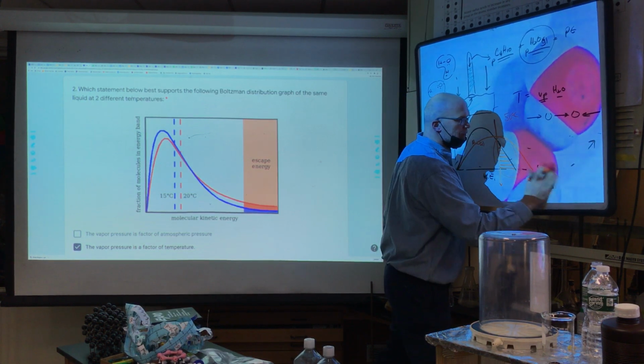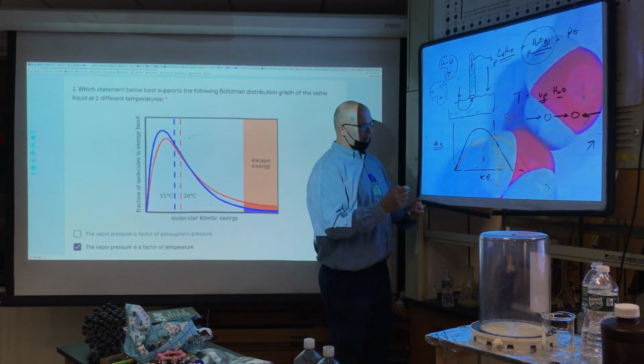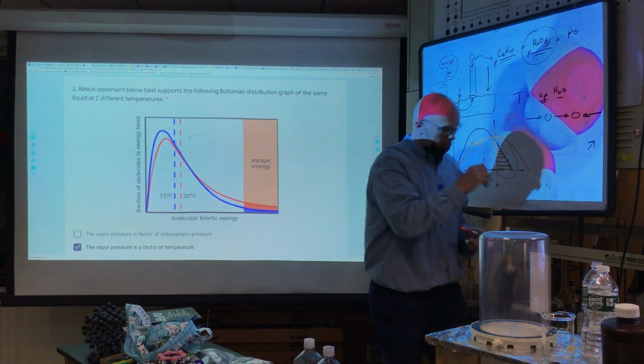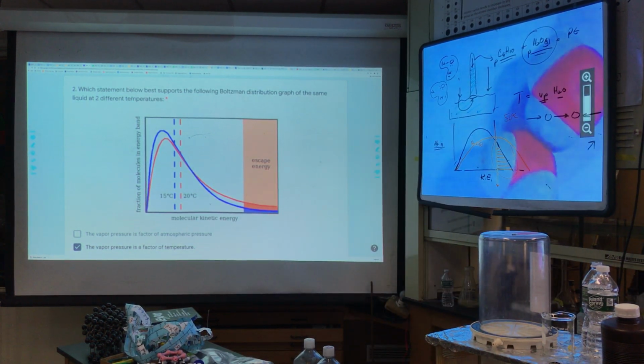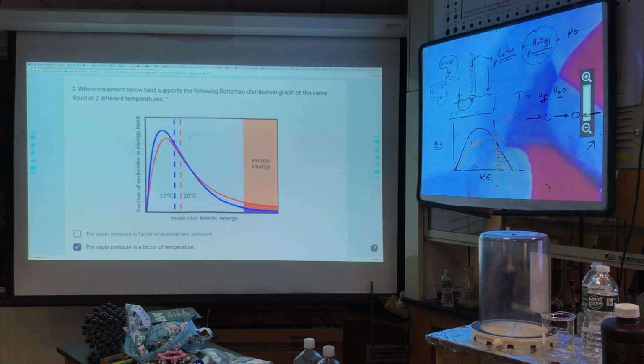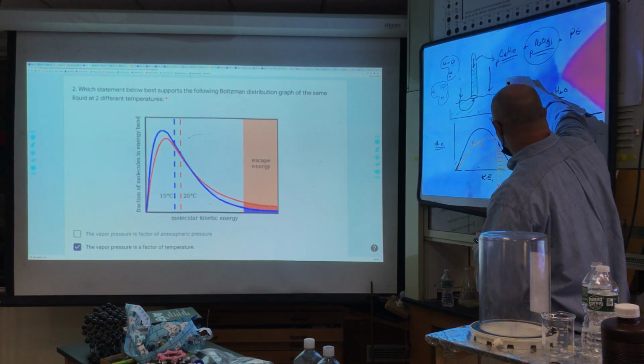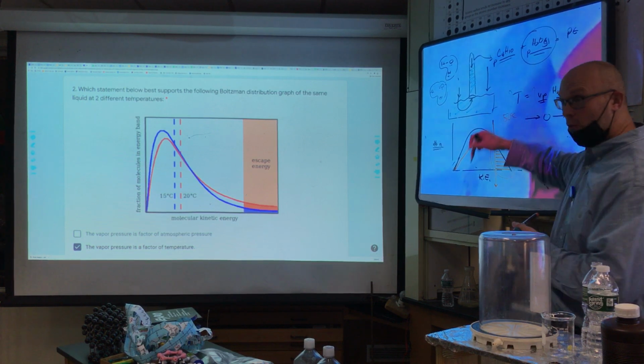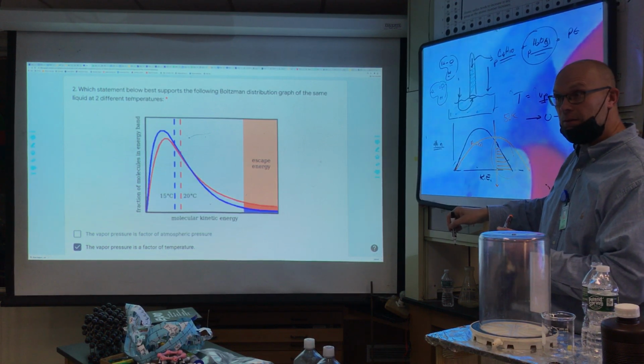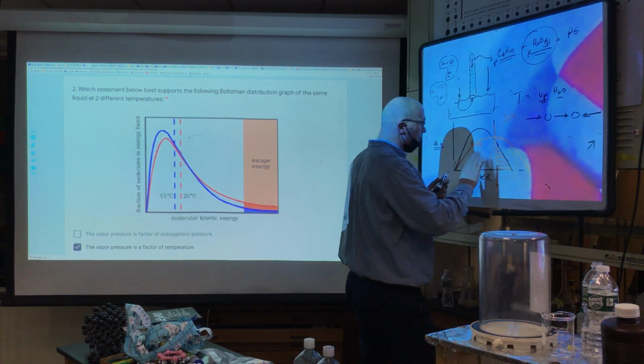So when that flattens out, what do we know? Now that it flattens out, isn't there more molecules above that threshold? So at higher temperatures, isn't there going to be more vapor pressure of water leaving? Of course.